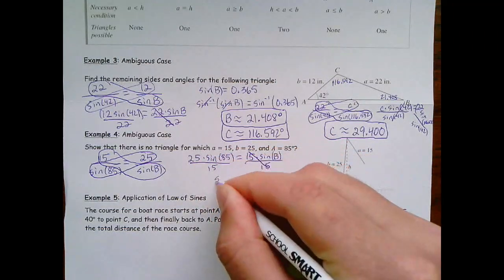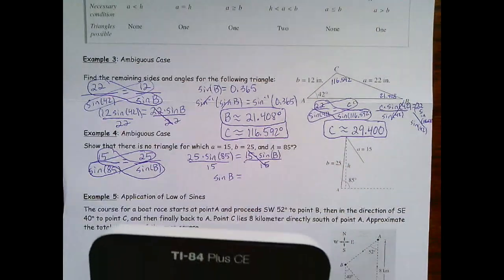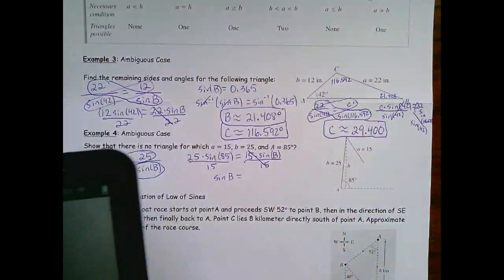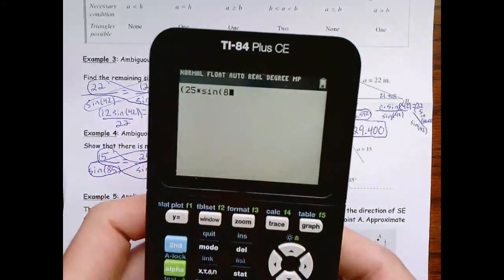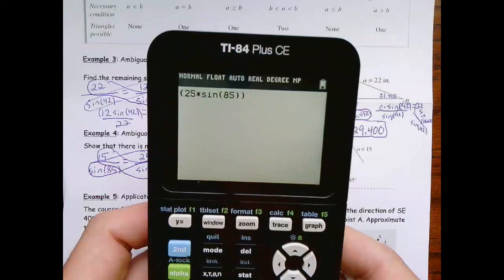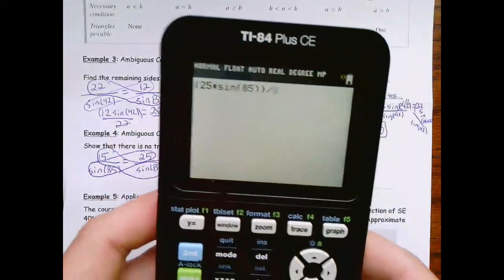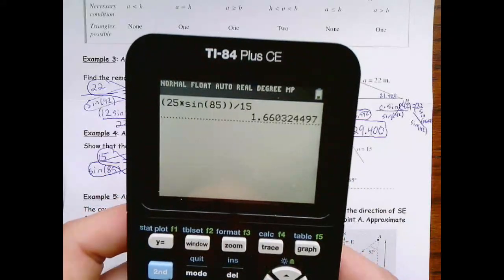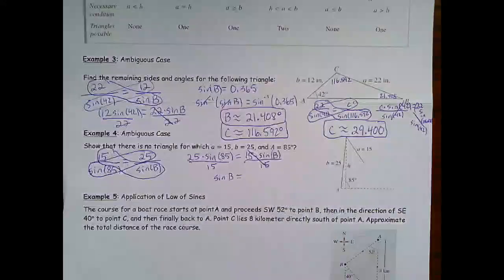So then here I have sine of B equals, let's go into the calculator, extra set of parentheses. Parenthesis 25 times sine of 85, and then we'll divide it by 15. So I get 1.660.